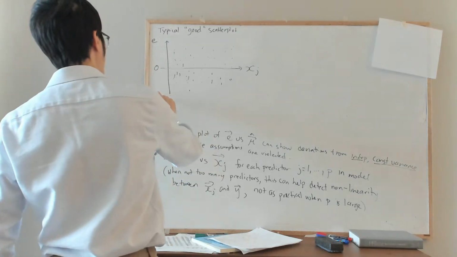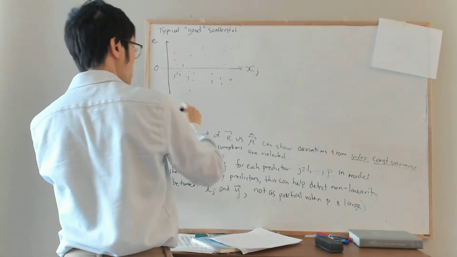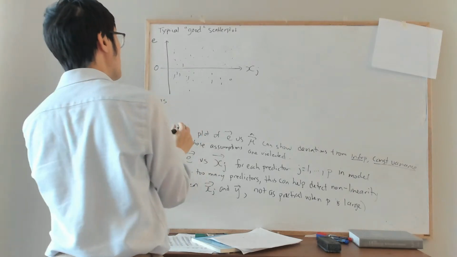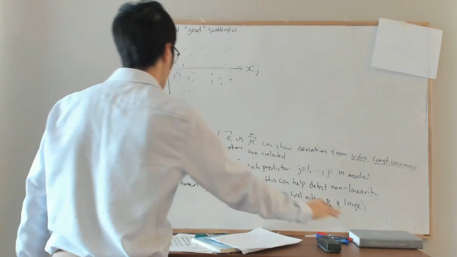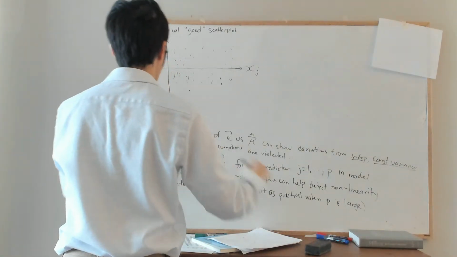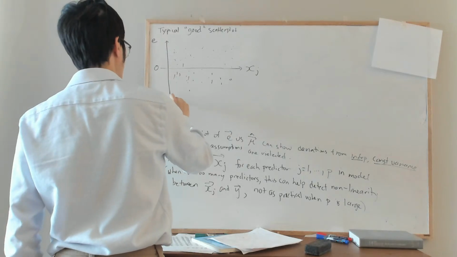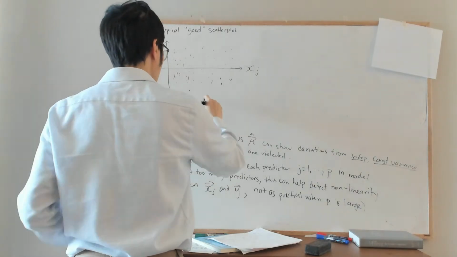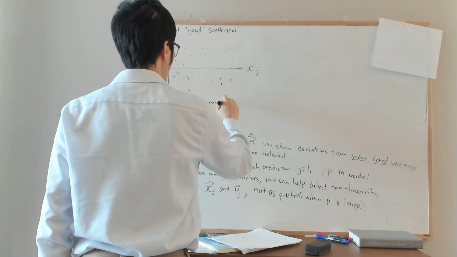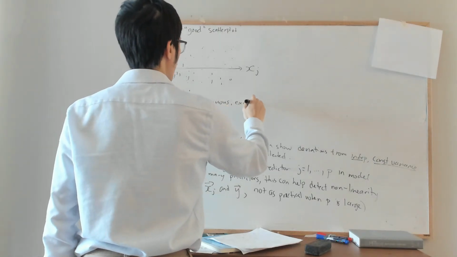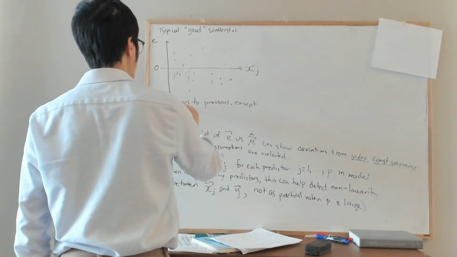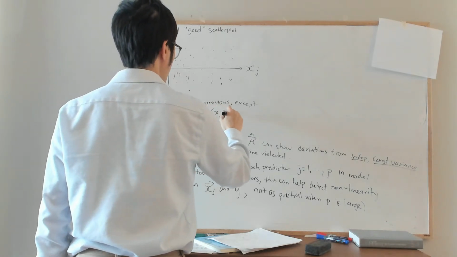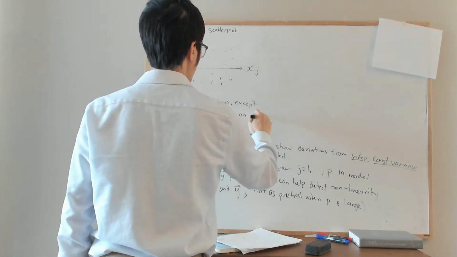A typical good scatter plot is analogous to the previous one, except now the predictor xj is the x-axis.